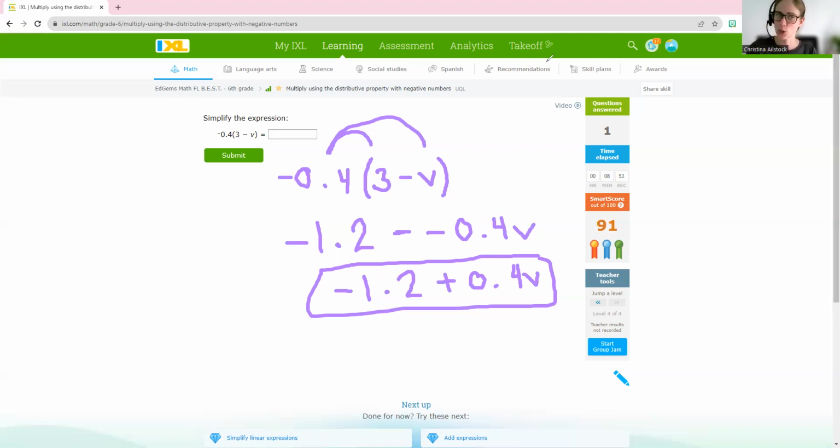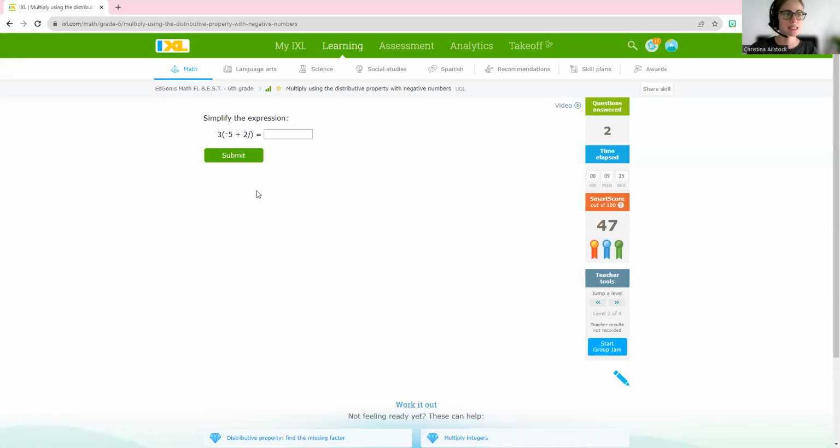All right, let's do one more problem here. All right, let's simplify this expression. We have 3 times negative 5 plus 2j. Can we combine like terms on the inside of our parentheses?